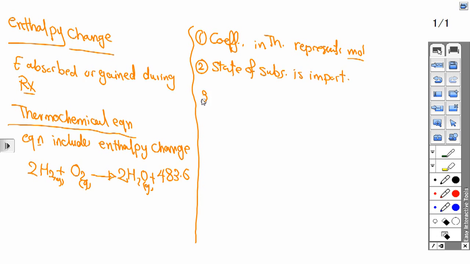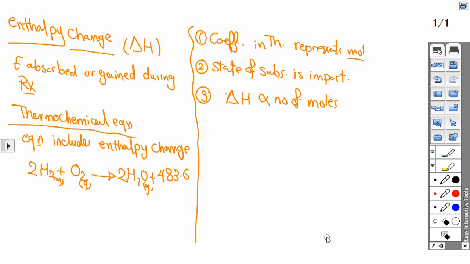Number three: the enthalpy change of a chemical reaction is directly proportional to the number of moles. The symbol of enthalpy change is delta H. Delta H is directly proportional to the number of moles. How?